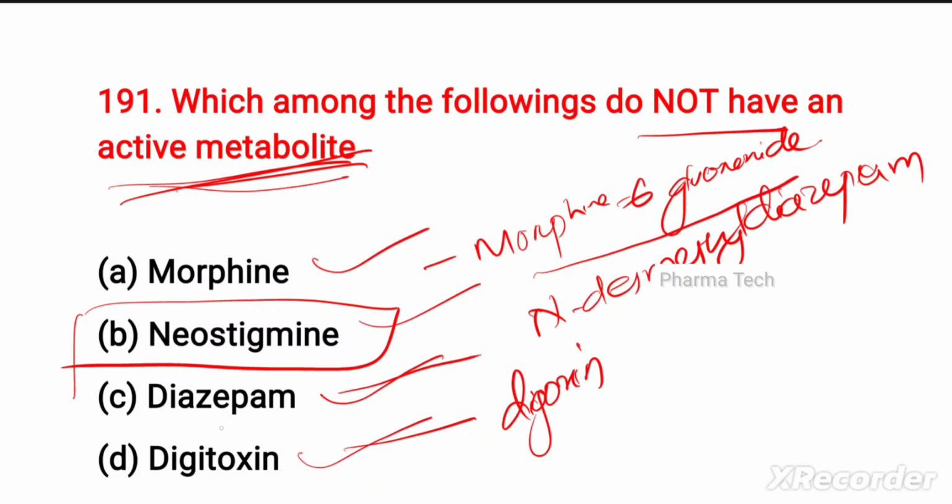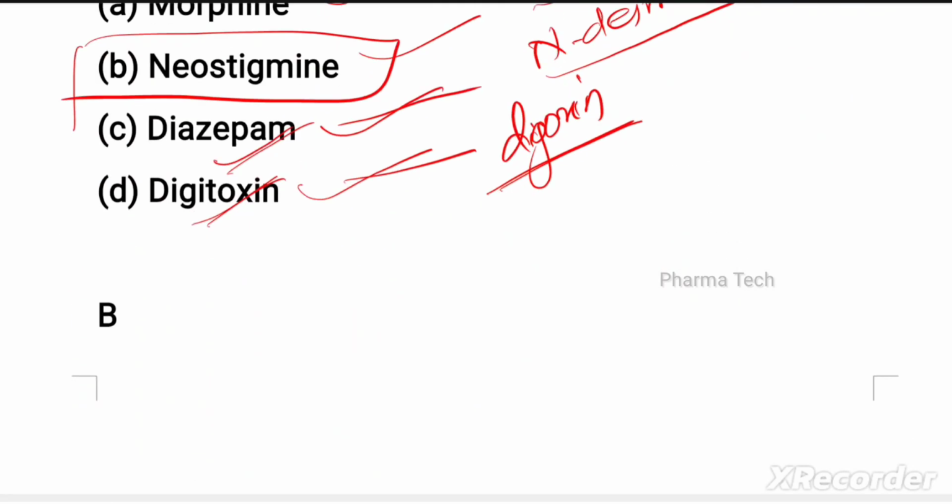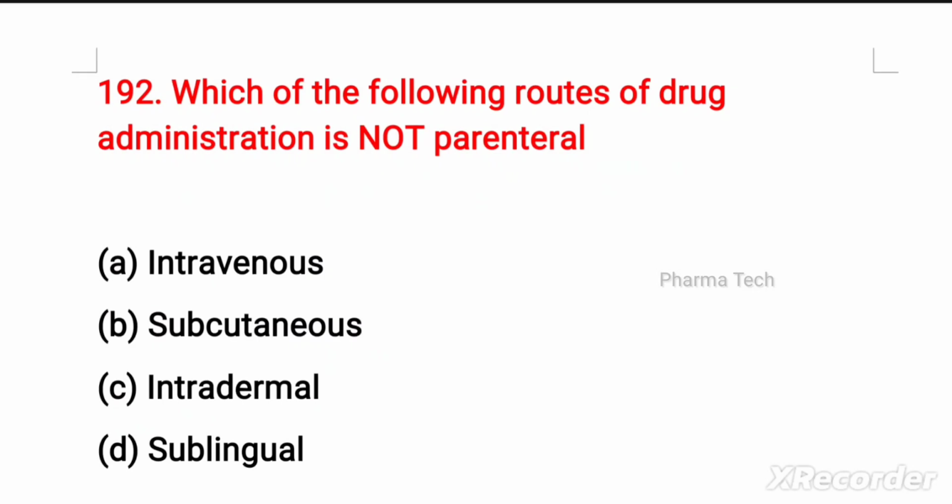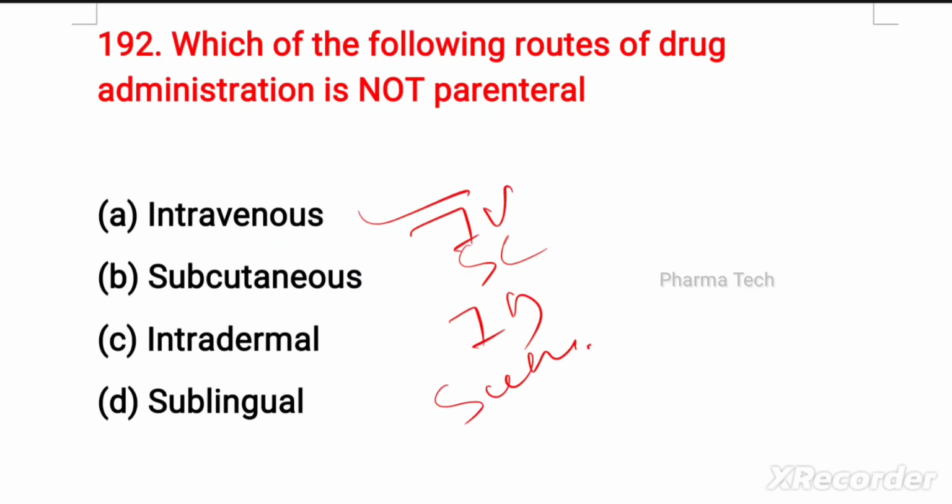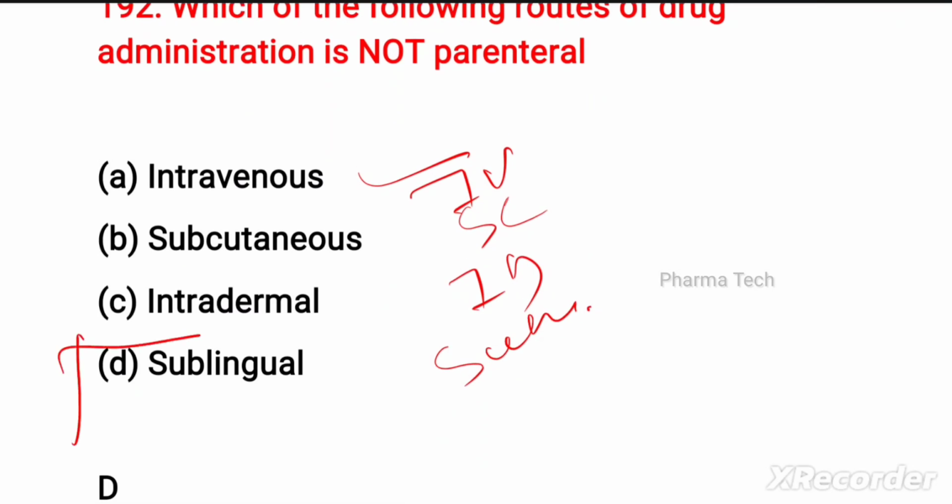Active metabolite of diazepam is N-desmethyldiazepam. Active metabolite of digitoxin is digoxin. Next question, which of the following routes of drug administration is not parenteral? Options are intravenous, subcutaneous, intradermal, sublingual. Answer is D, sublingual route of administration is not parenteral.